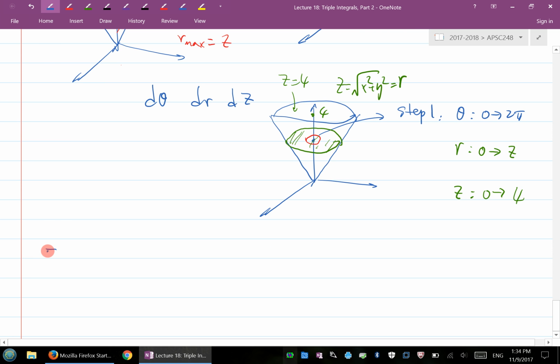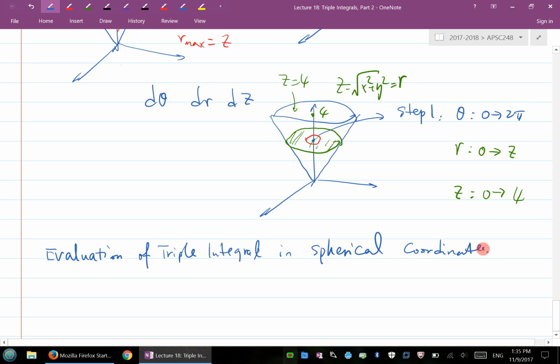So let's look at the last type of coordinate system: evaluating a triple integral in spherical coordinates.